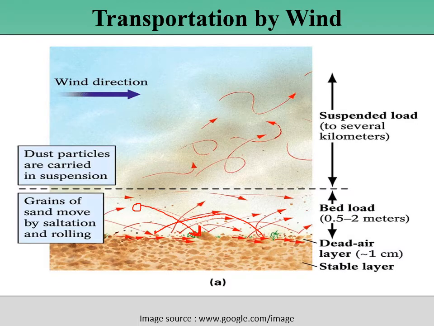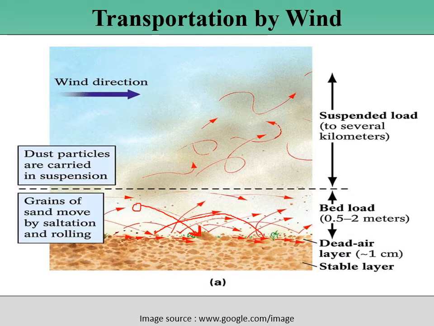So occasionally they come into contact with the ground surface. In this way, mainly the coarser fragments, that is the sand grains, move along with the moving air in the downwind direction.